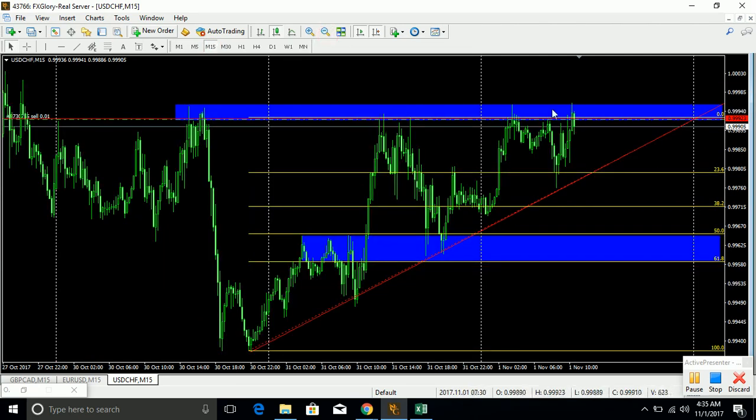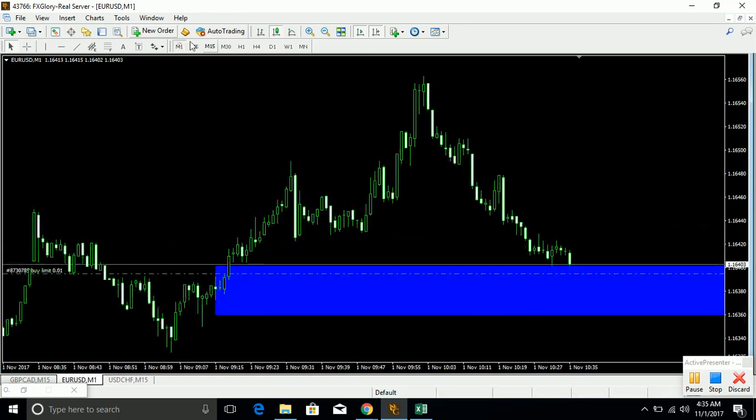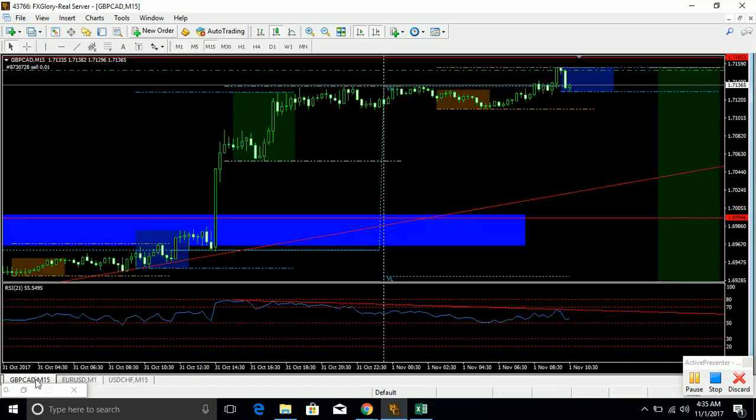You see here we're getting a rejection from that level. As long as we hold this rejection, we are confirmed coming back down in this area. Here's the EUR/USD coming back down. Mind you, I did say I wanted to come down in here and activate the pound CAD.